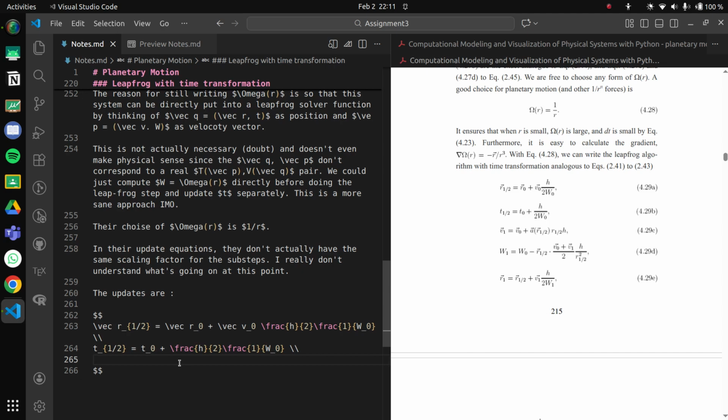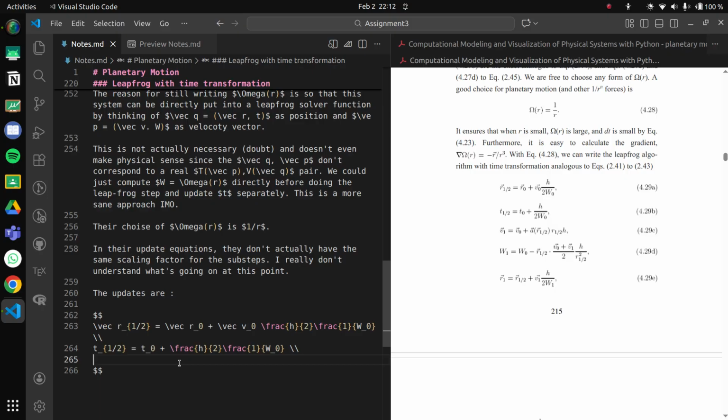Could it possibly be that h corresponds to a ds step? Yes. Then h by this factor would correspond to a dt step. Yes.